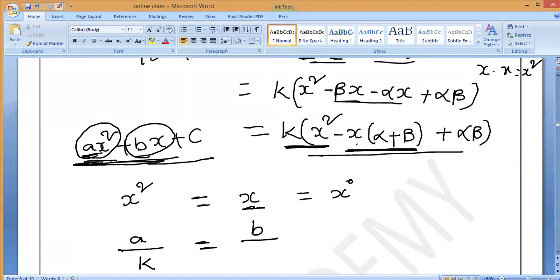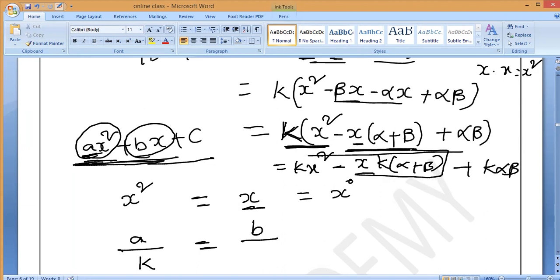What is the x coefficient in the other? Minus alpha plus beta, into k. k is also there, correct? It is k x square minus x into k times alpha plus beta plus k alpha beta. So the x coefficient is minus k into alpha plus beta.